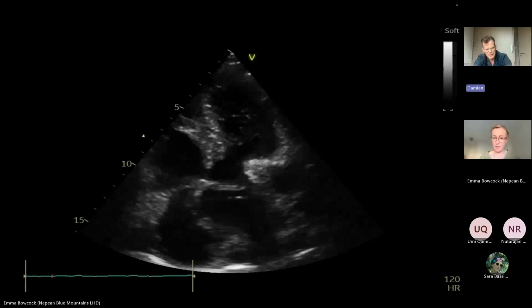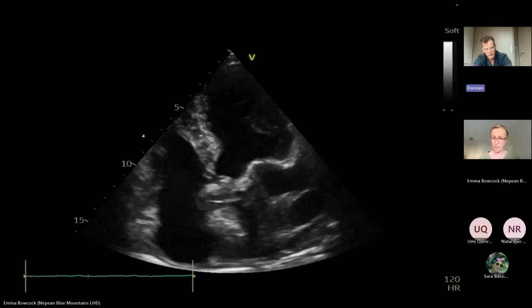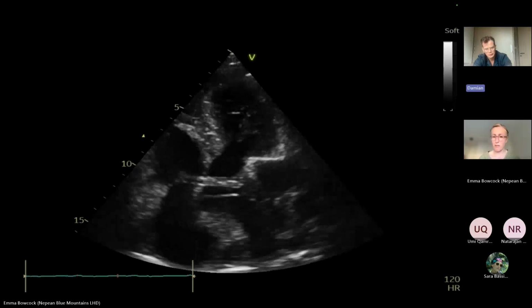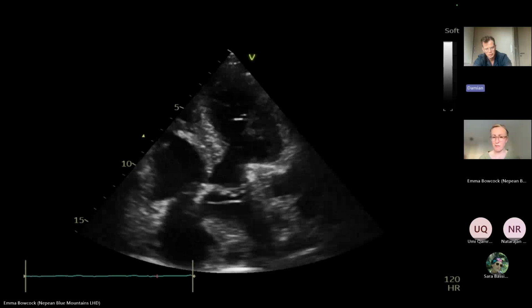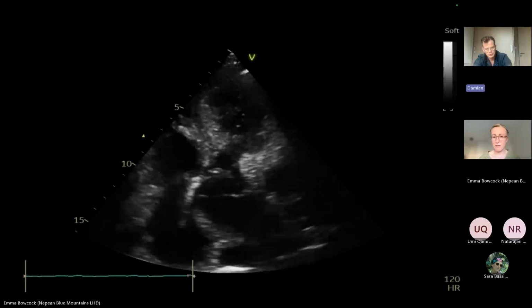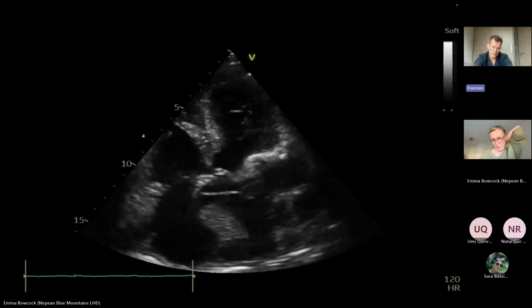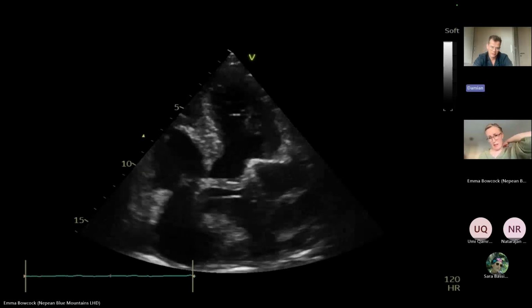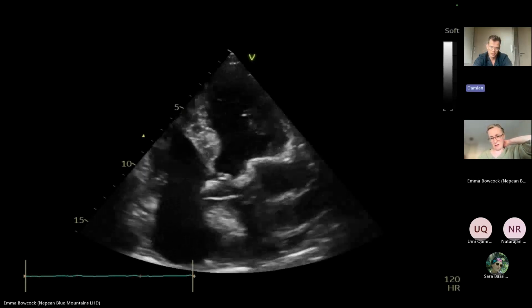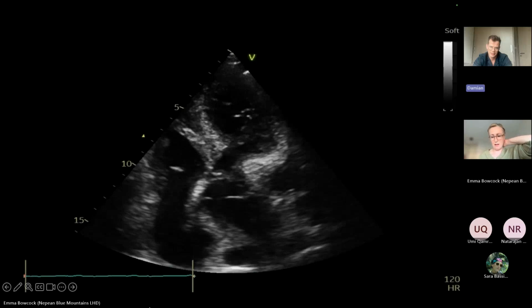The aortic valve in this view doesn't look entirely normal. It might be off axis, but it looks like there's a degree of abnormal aortic valve motion and prolapse. The left ventricle itself in this view appears to be moving relatively normally as compared to the first view, where it appeared to be slightly dilated and more hyperkinetic.